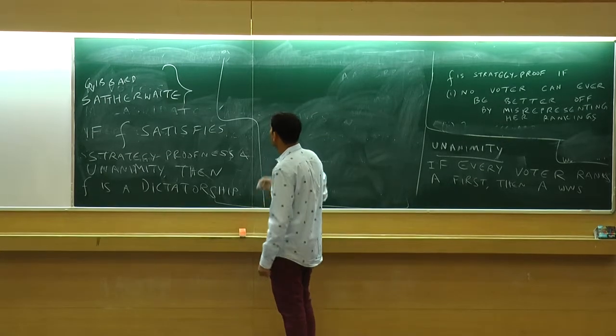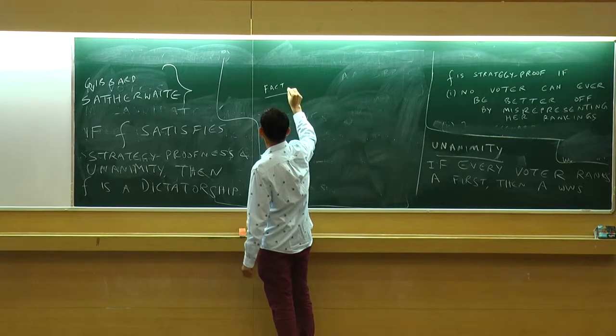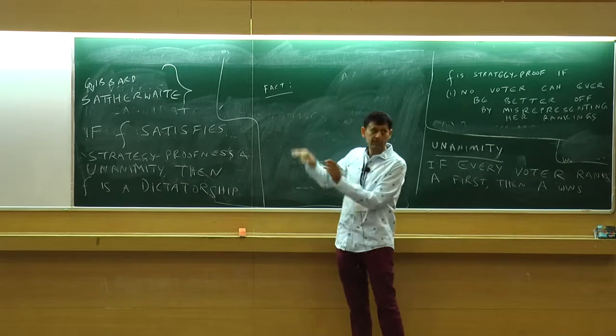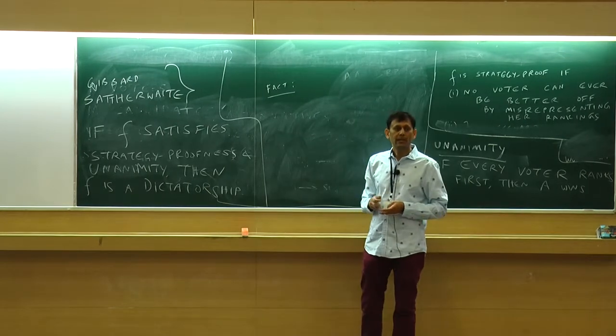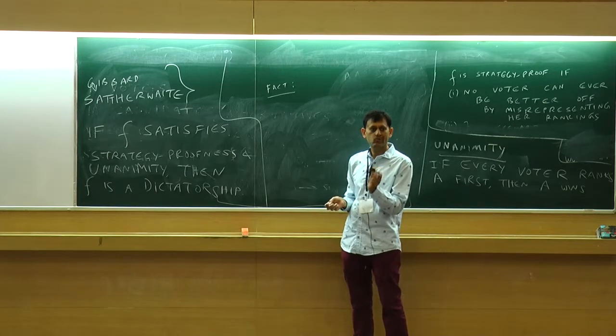So the first thing that we're going to do is we're going to have this factoid. This is going to just run through. So I'm going to just write this factoid, then I'm going to erase everything, and then start with the proof. And this fact has to do with something which came from the audience. I forget where it came from.